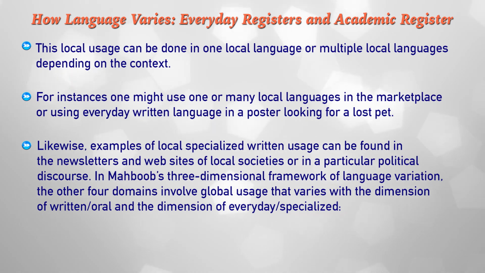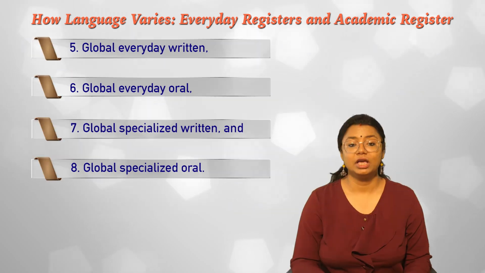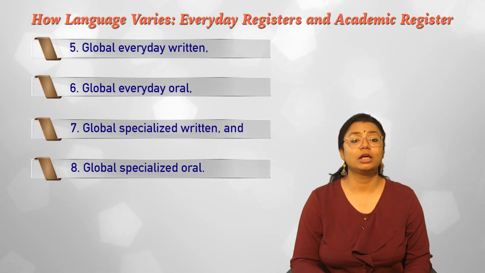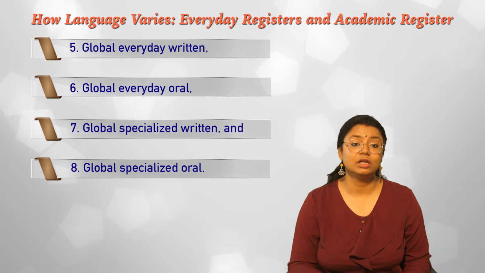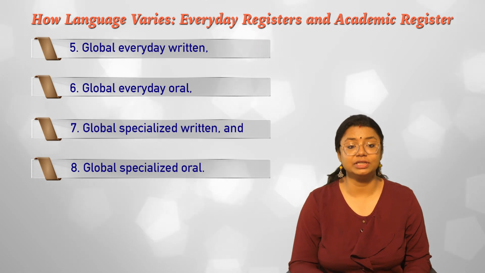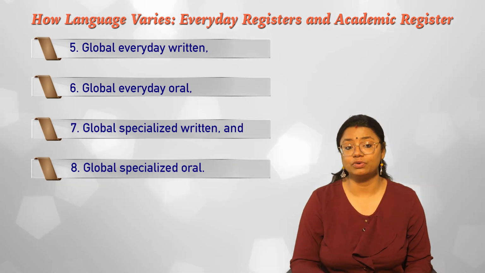The other 4 domains involve global usage that varies with the dimensions of written or oral and the dimensions of everyday or specialized: global everyday written, global everyday oral, global specialized written, and global specialized oral.